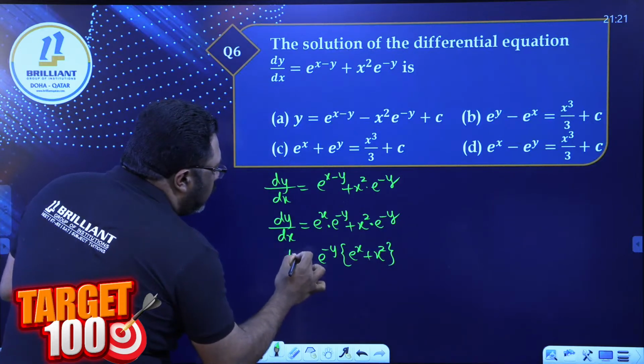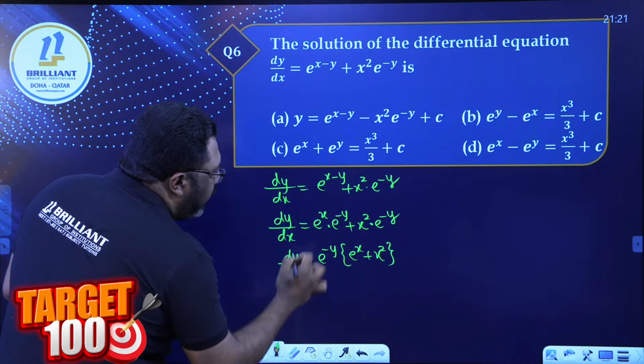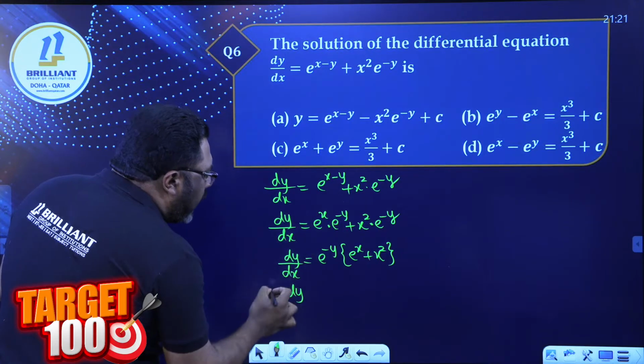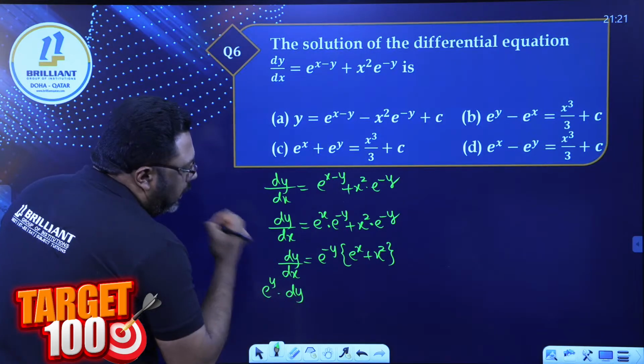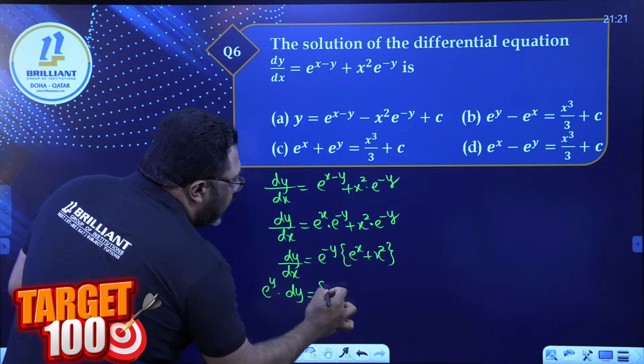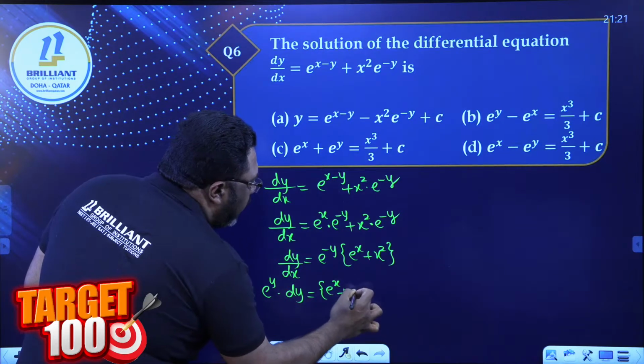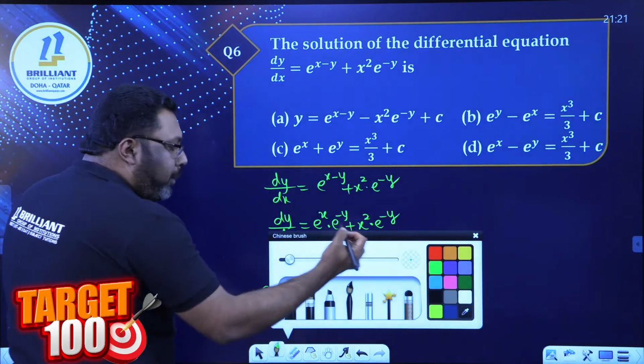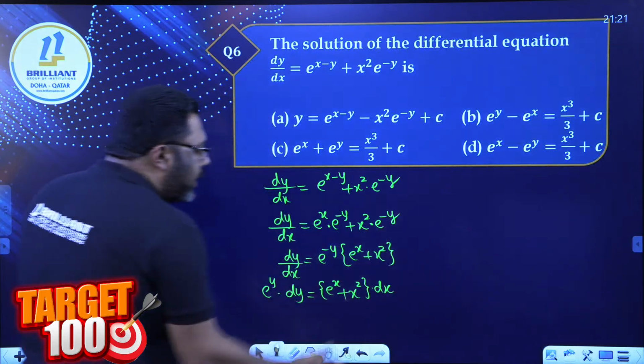Now you're going to make it a separable differential form. You're going to get dy, and e raised to minus y will come to the left side as e raised to y, and on the right side it is e raised to x plus x squared into dx. I have separated the terms of x and y on both sides.